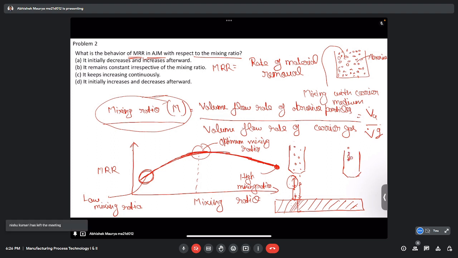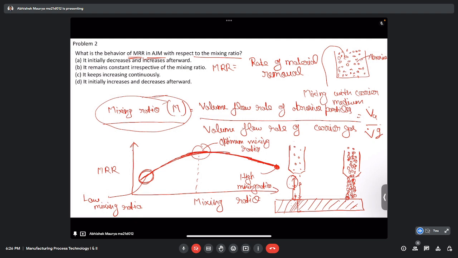There will be a very large amount of abrasive grit particles coming towards the workpiece per unit time. Now the distance between each abrasive particle is very small, and because of this, what will happen? Crowding will happen.